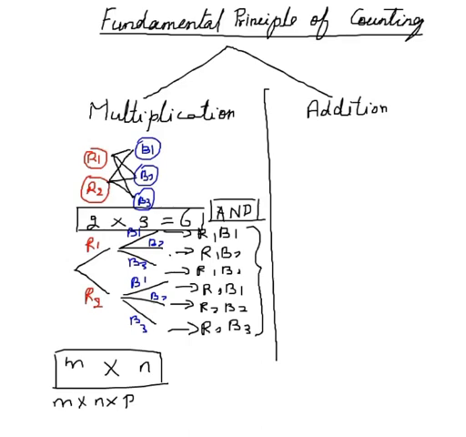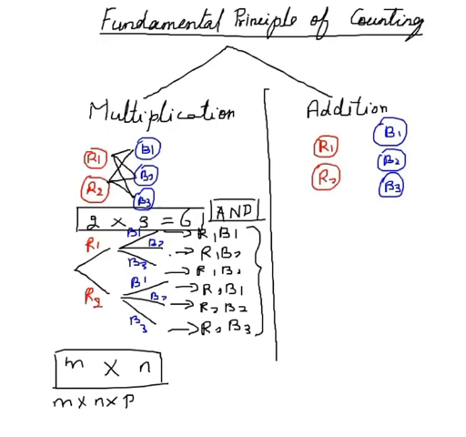Now let us see the fundamental principle of counting for addition. I will take the same example. I have two red balls, which I will name R1 and R2, and I have three blue balls. Let us name them B1, B2 and B3. Here I have to select one ball.